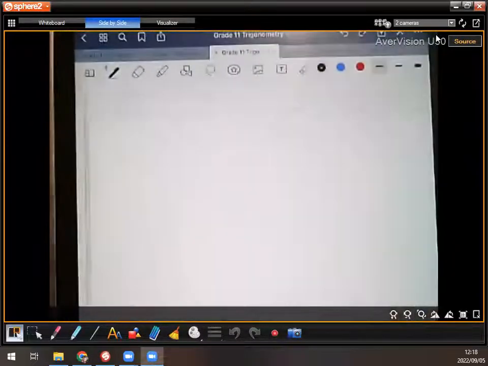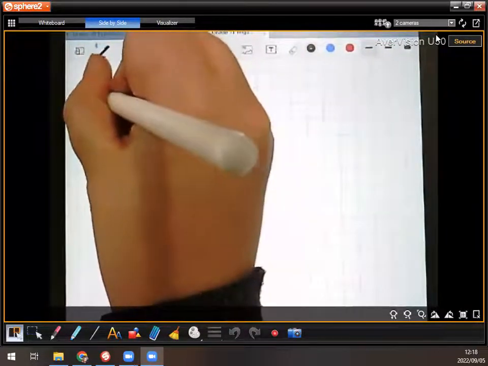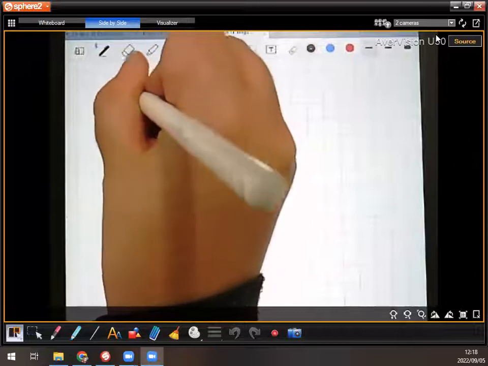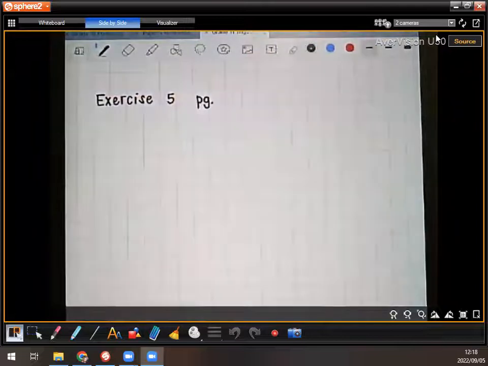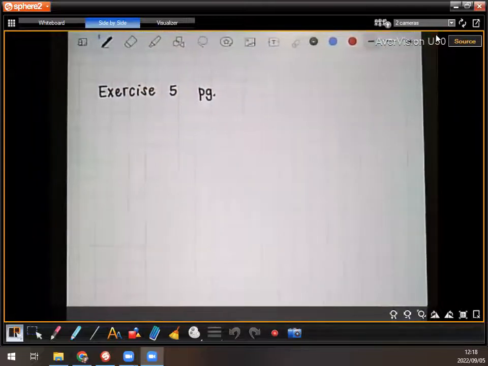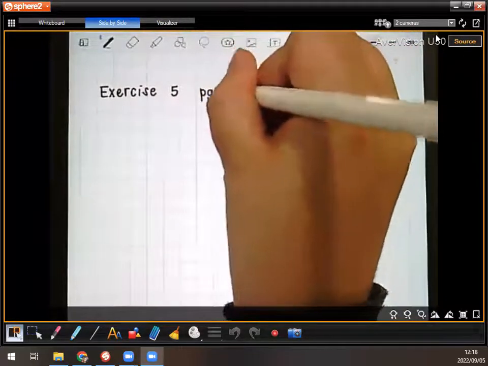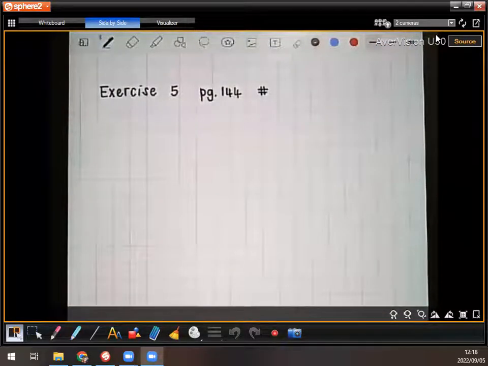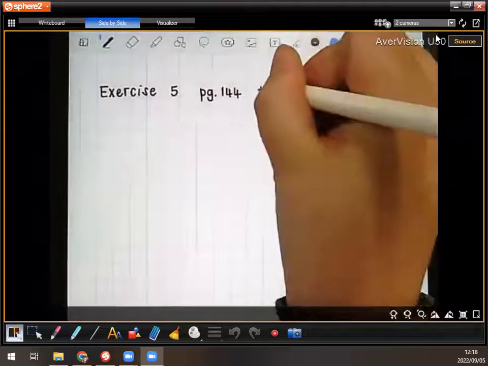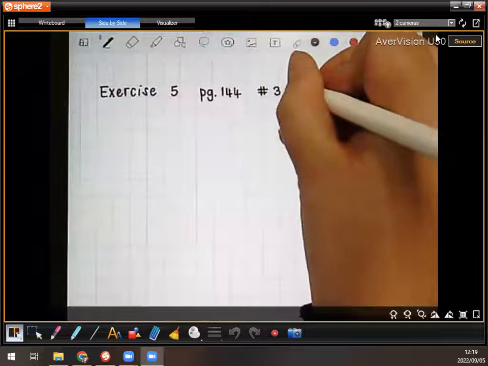Let's just write here, the homework is exercise 5. Guys, I know the stuff is in your text, so basically doing this homework is like studying for the test, so please, you're going to have to. Page 144. I would like you to do numbers 3 and 5.